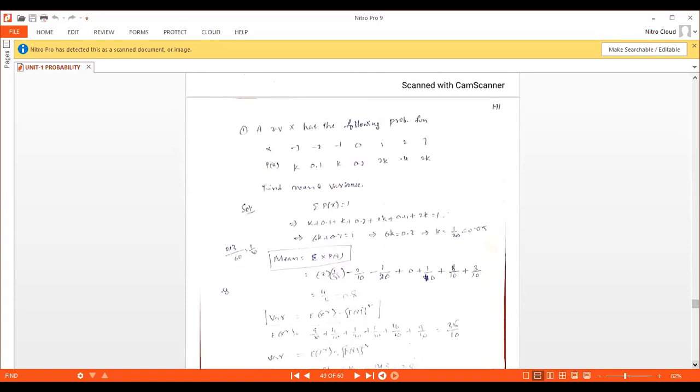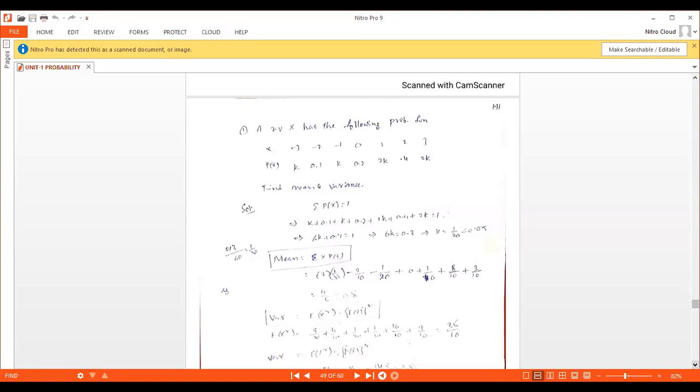In this problem, random variable capital X has the following probability function: x values and p of x values involving k. So we need to find the value of k and then find mean and variance. We know that total probability is 1. Adding all the values, k equal to 1 by 20, that is 0.05.